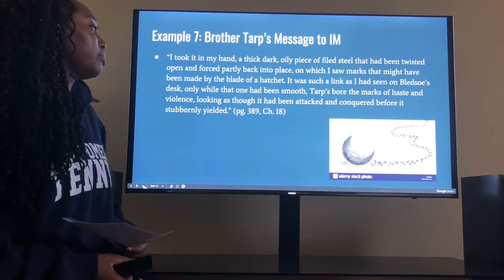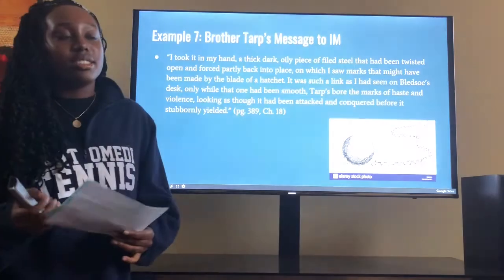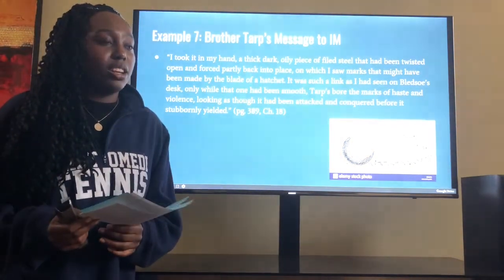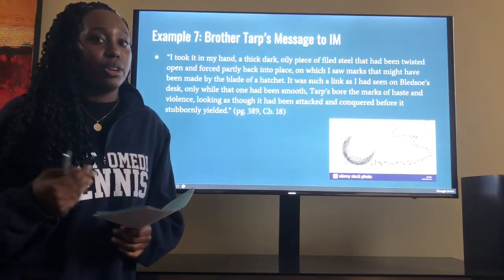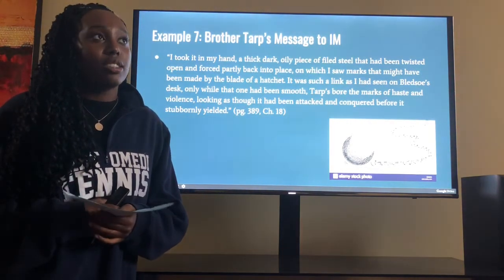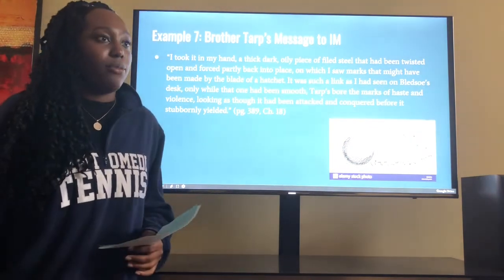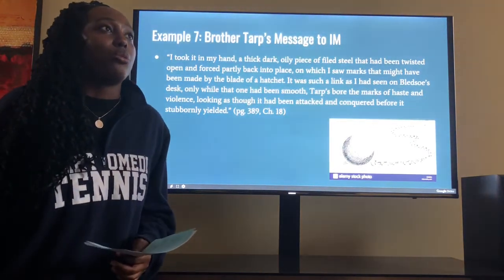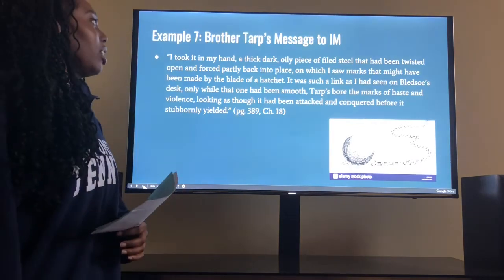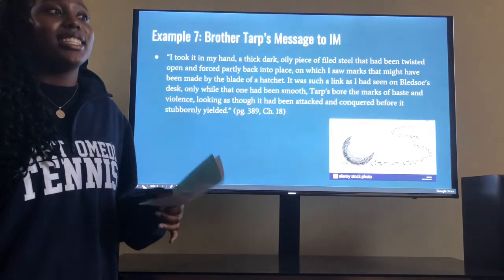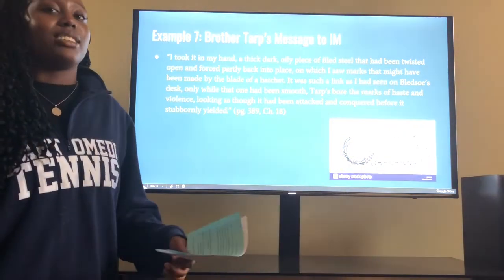So the context of this quote is basically when I am has just received the anonymous note while he has joined the Brotherhood. And it talks about how be careful, watch your back, you're working for the enemy and you don't really know what you're doing. And Brother Tarp comes into his office and I am states that he sees his grandfather reflected in him.